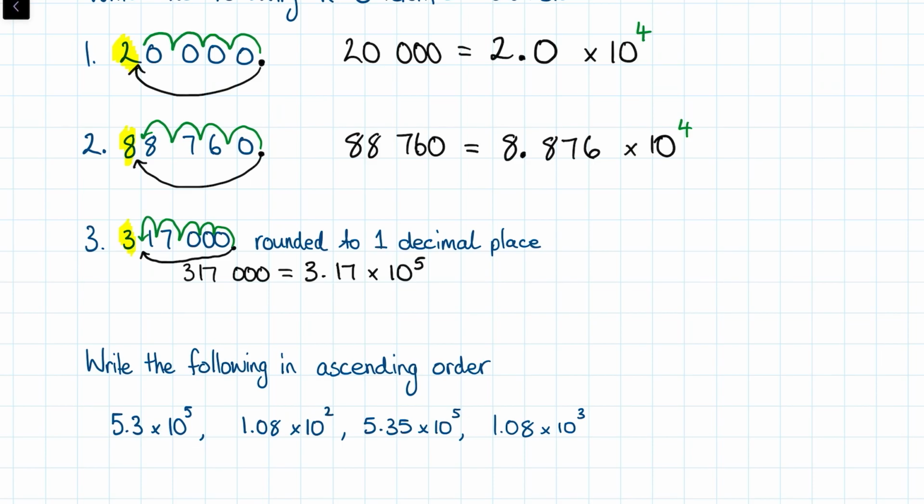Now I'm going to worry about this idea of rounding it to one decimal place. So I look at the number 1 and ask, what's next door to number 1? Next door to number 1 is the number 7, and we know the number 7 is going to make the 1 round up. So we're going to write 3.2 times 10 to the power of 5.